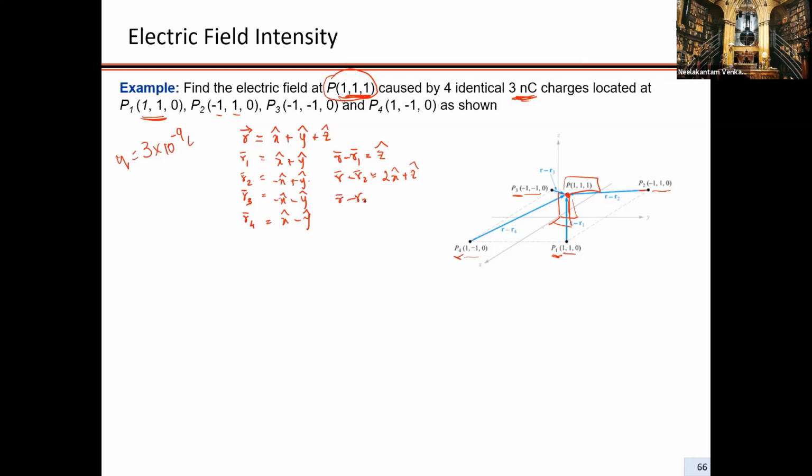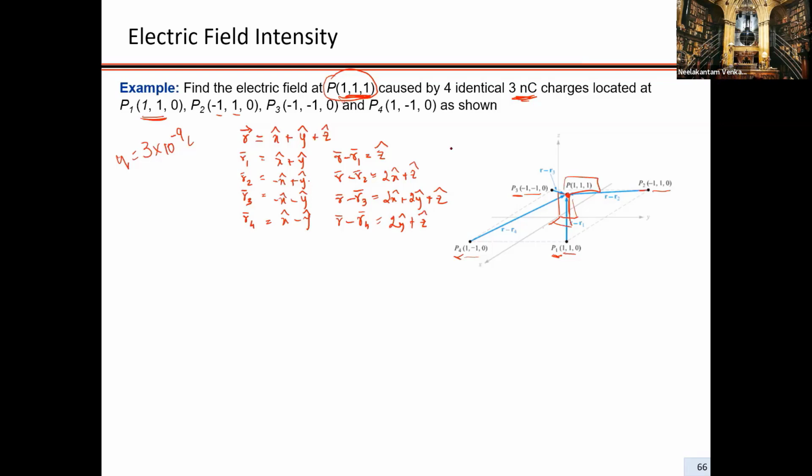Then R minus R3 is going to be 2x plus 2y plus z hat. Then R minus R4 is going to be 2y plus z hat.